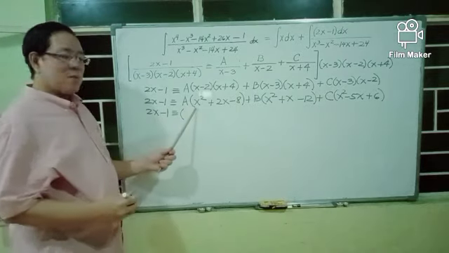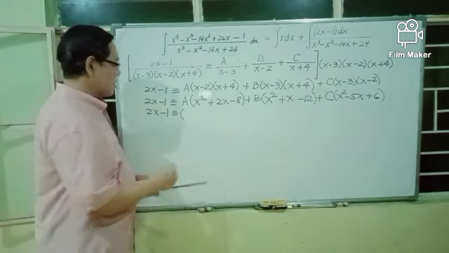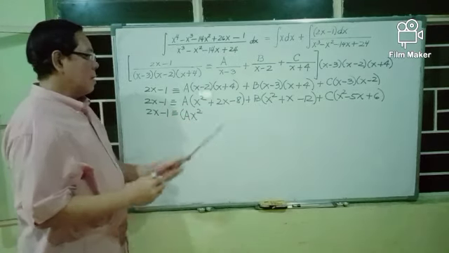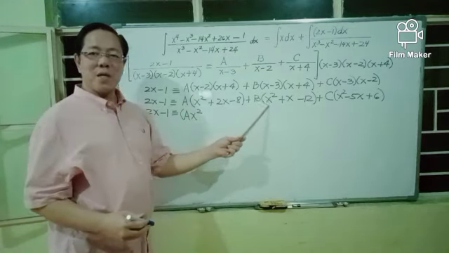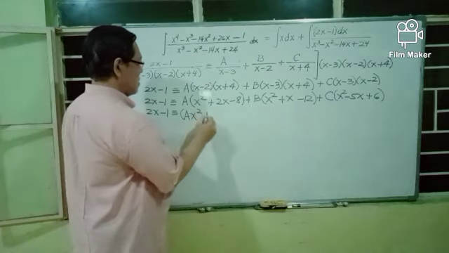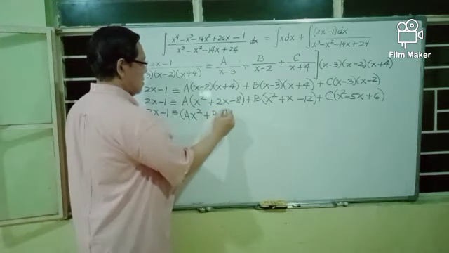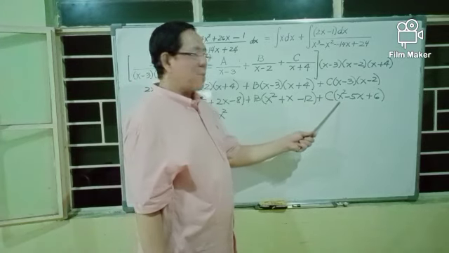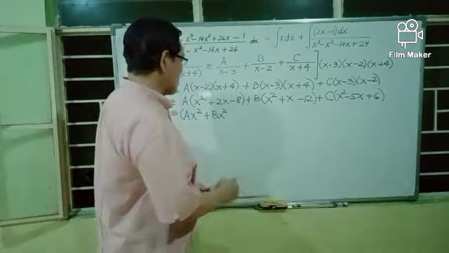We have a times x squared is ax squared. B times x squared is bx squared. And the last term with x squared is c multiplied by x squared is cx squared.